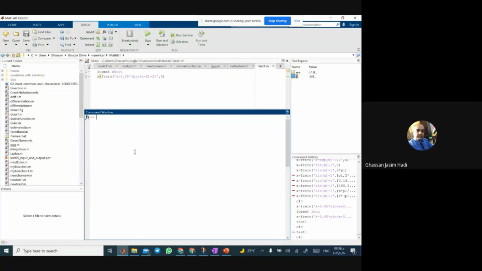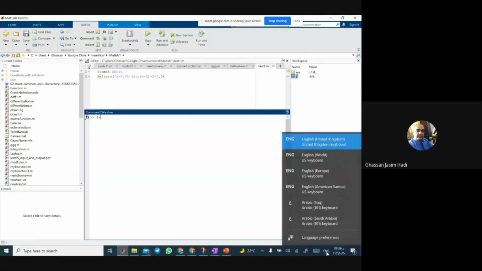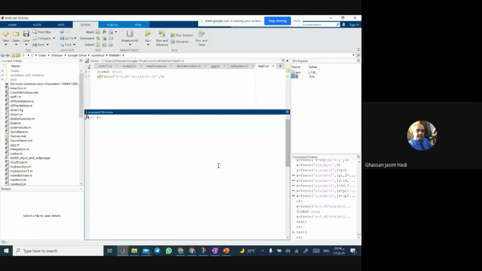Let's write here f equal at x, space, x square plus x minus 15.